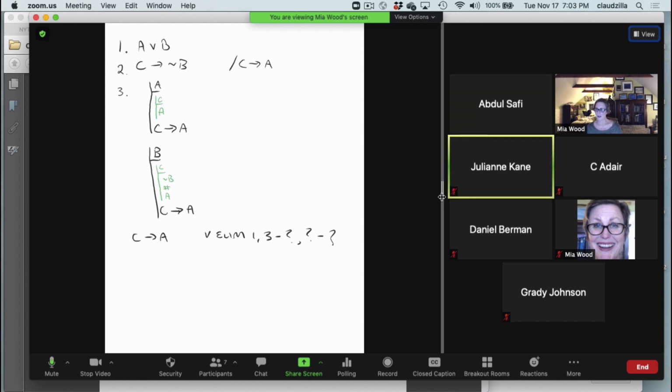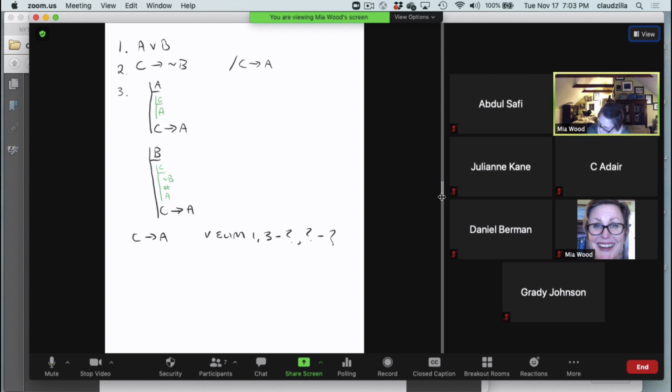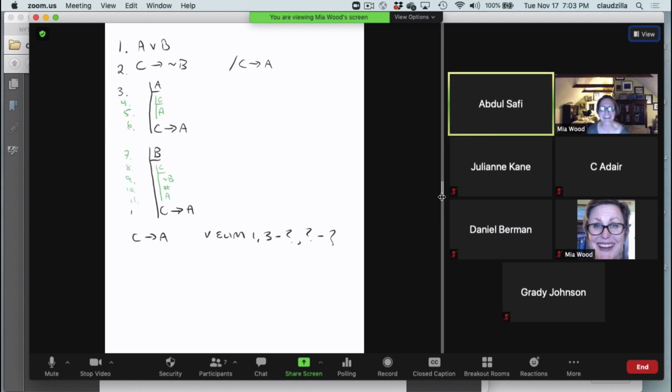You may feel intellectually like lines 4 and 5 are a little bit of a cheat, but no. Where is the C coming from? Oh, no, that's an assume. You're assuming C, and then the A is a reiteration of the assumption. Yep, you got it.